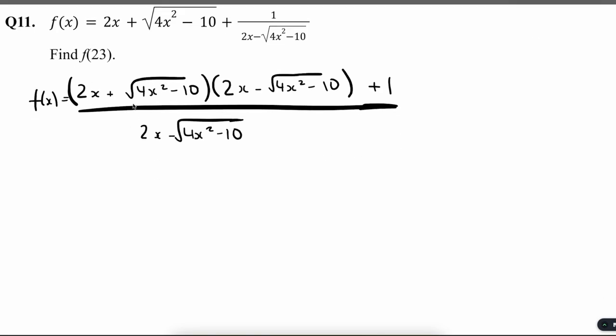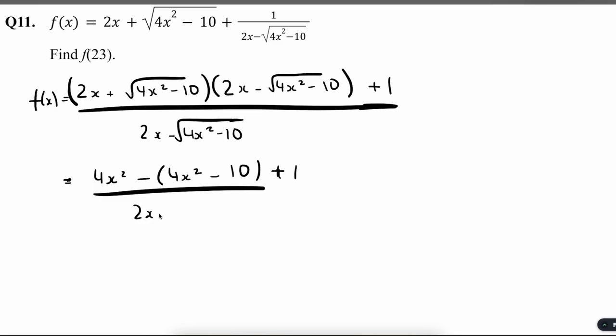Now this is a difference of two squares, so we know that we've got 4x squared on the top, the inner and the outer cancel out, so then we just end up with minus 4x squared minus 10 on the top, plus 1 over 2x minus root 4x squared minus 10.